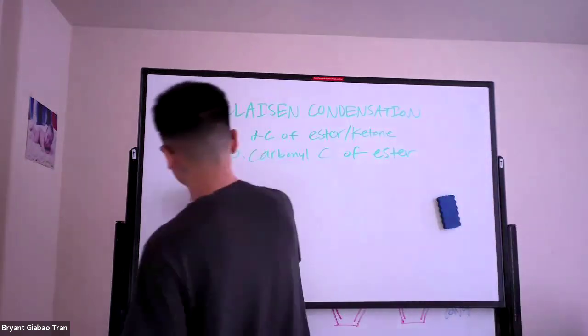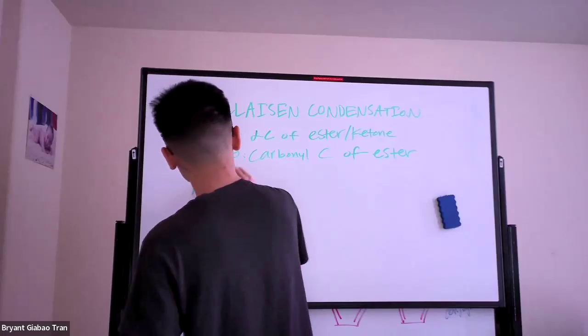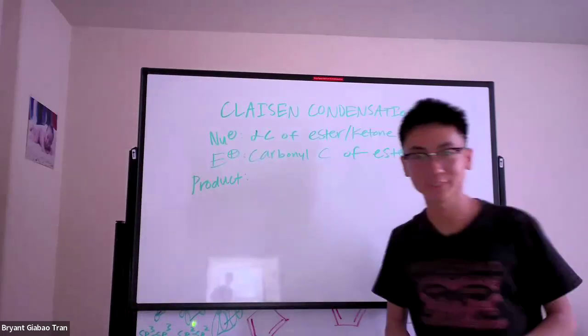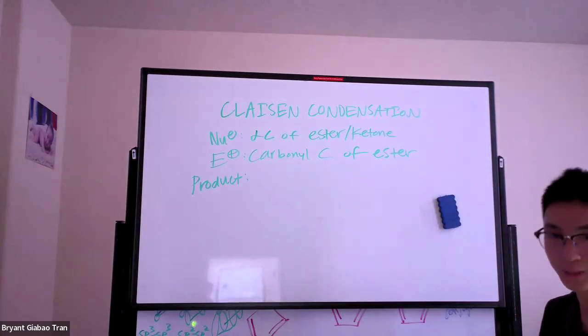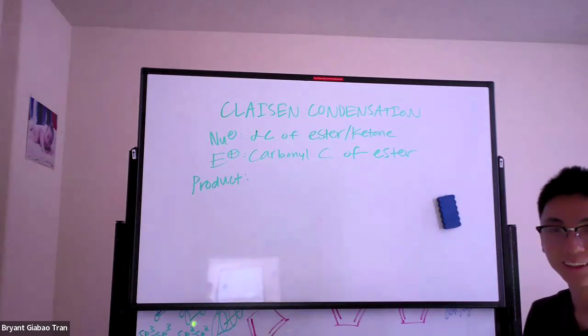And the product for Claisen, do you guys remember what product it would give you? Like what kind of functional group will it give you? I'm pulling up my notes. There was also like an alcohol, right? Oh, I remember, that's for aldol, right?